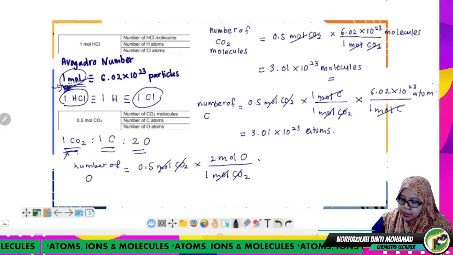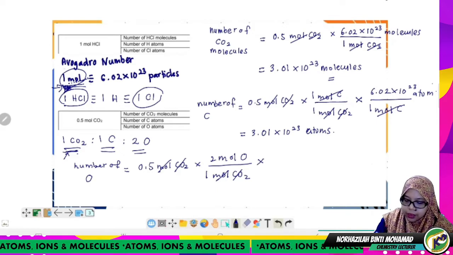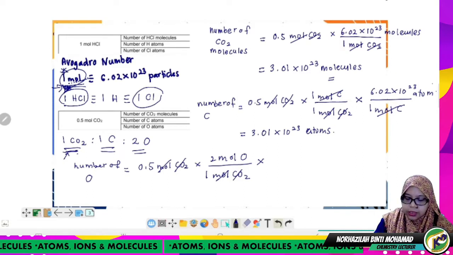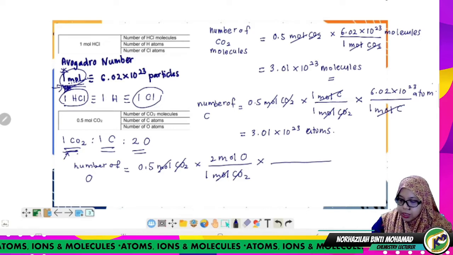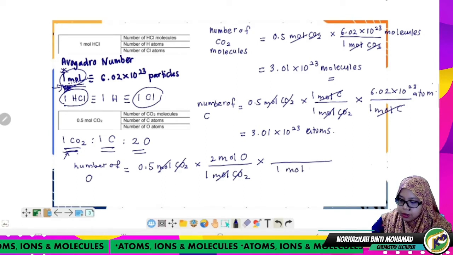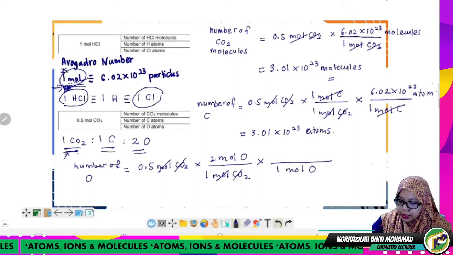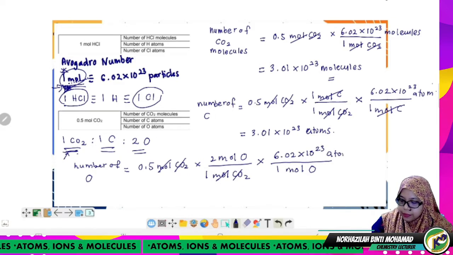And then from mole of oxygen, we relate it with the Avogadro number using this statement. We want to cancel the unit of mole, so we have 1 mole oxygen consists of 6.02 exponent 23 atoms.